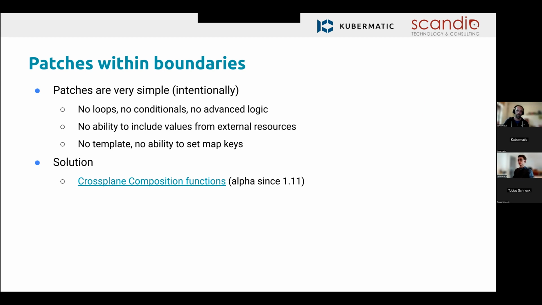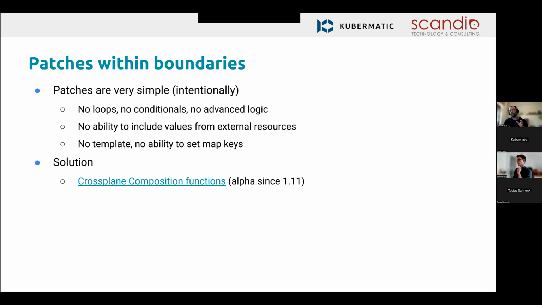And there is a solution which is alpha since Crossplane 1.11. They introduced the concept of composition functions here, which means in addition to the patches within a composition, you can define a composition function which is essentially a containerized function that takes the observed state of all the resources in a composition.